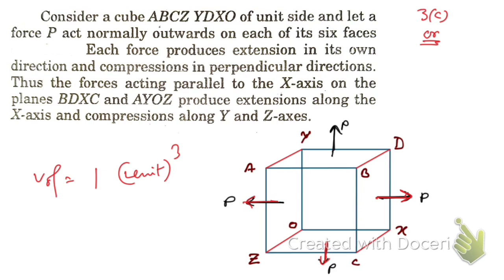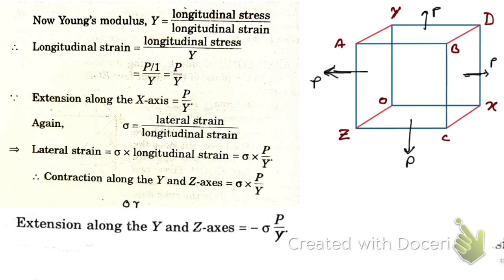So stress is equal to force per area. Here area is also 1 square unit, so stress will also be P. Now let me take a new slide. We know Young's modulus is equal to longitudinal stress by longitudinal strain.